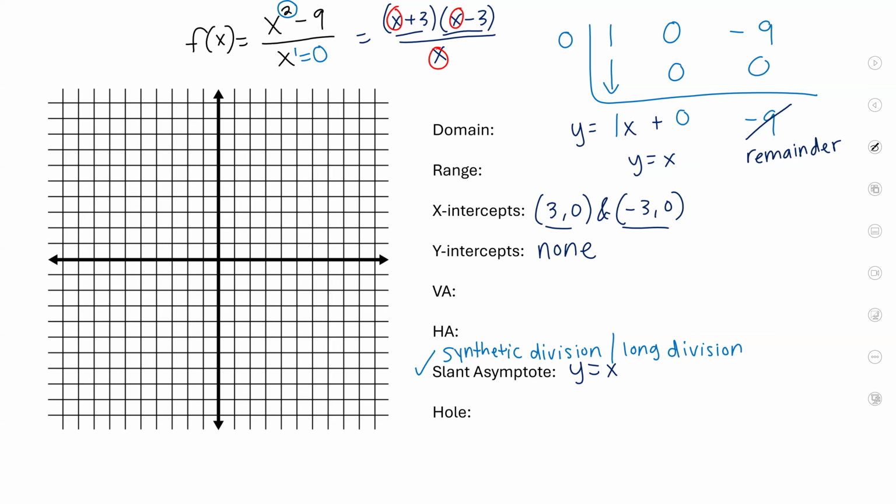Bring this down, -5, -11, 55. And this part doesn't matter because this will just be your remainder. I don't need that part. You just need this part. So this is your equation. Your slant asymptote is x minus 11.